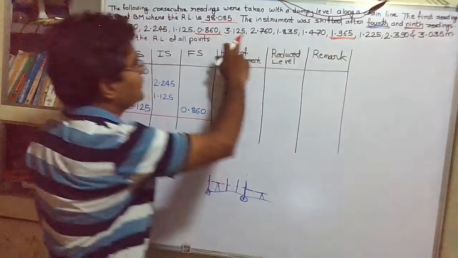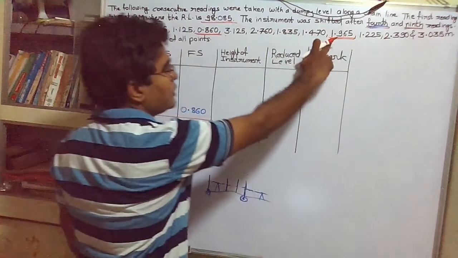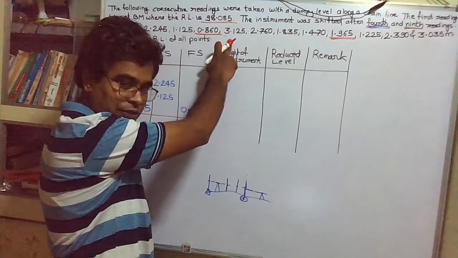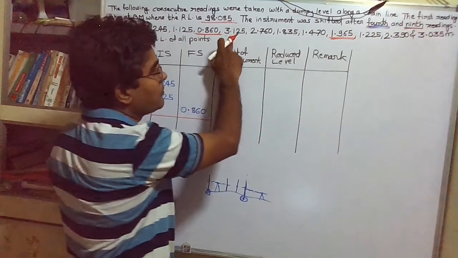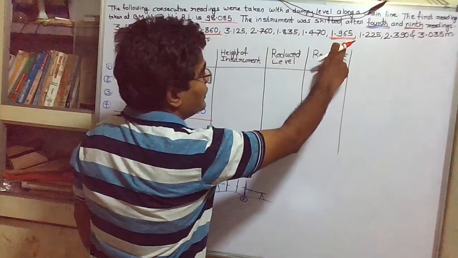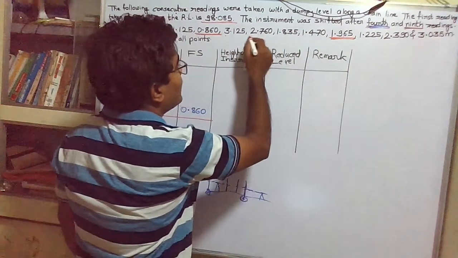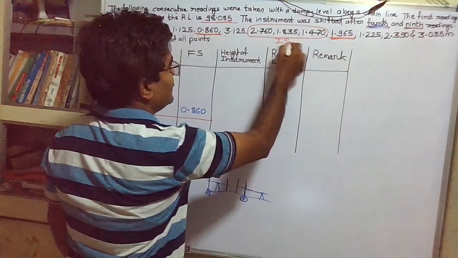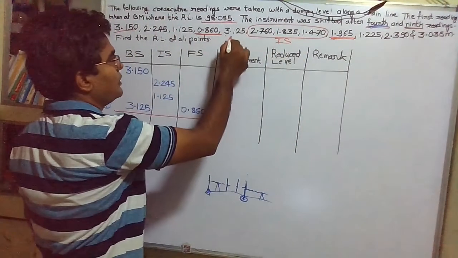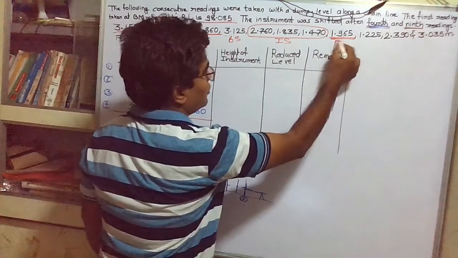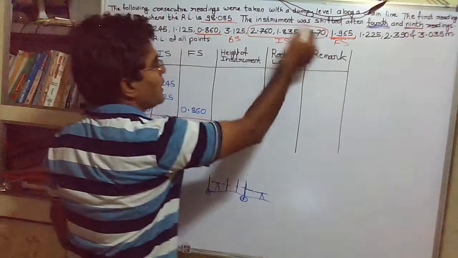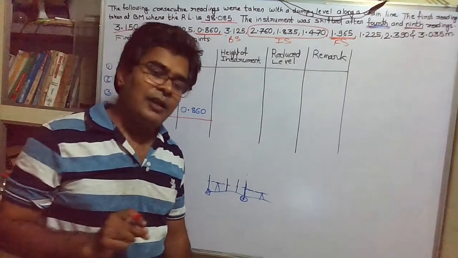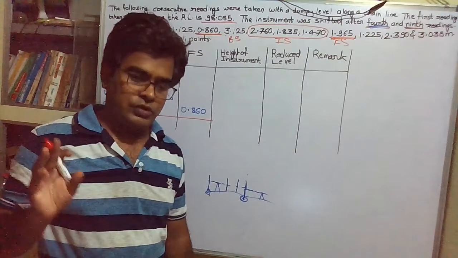So with this new setup of the instrument, 3.125 will become the backsight, as it is the first reading with the new setup, and the ninth is the last, so it will come in the foresight, and all the remaining readings will come into the intermediate sight. This will be the backsight, this will be the foresight, and in between all readings will come in the intermediate sight, in separate rows.